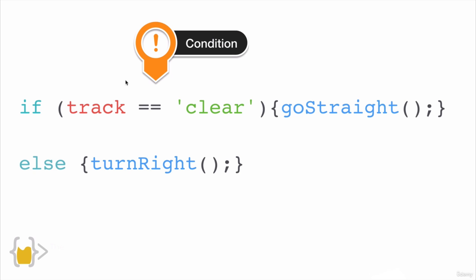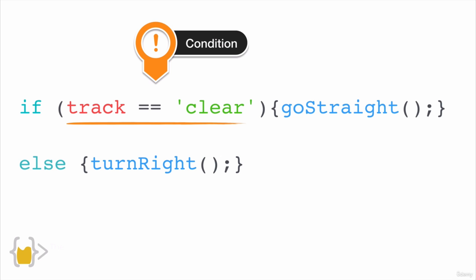The condition that we're testing for is if the track is clear, and in that case, it should carry out this piece of instruction, everything in between this set of curly braces. So go straight. But if this condition was not true, then it skips ahead to the else statement and carries out what's inside this set of curly braces instead, which happens to be turn right.